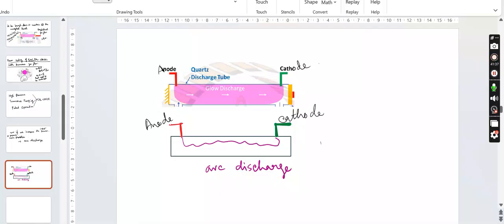And this happens at pressures of tens of torr, like 100 torr, something like that.